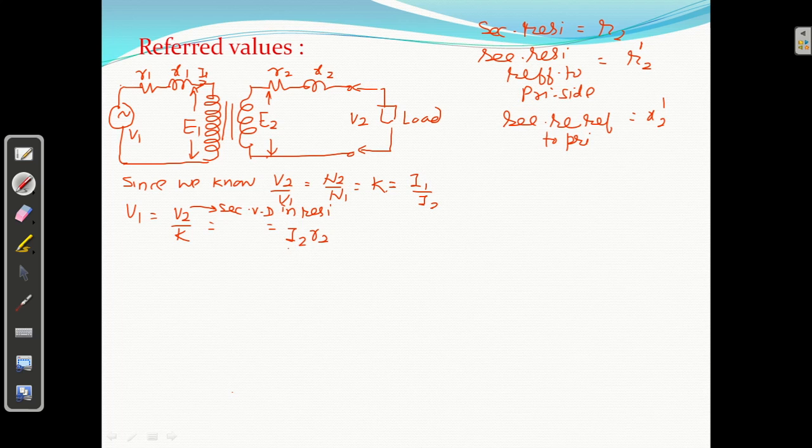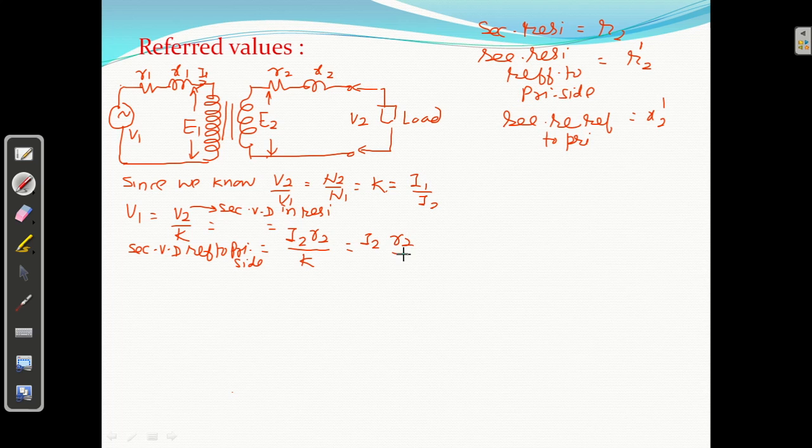I2 R2 upon K, so this becomes V1, meaning the secondary voltage drop referred to the primary side. So the secondary voltage drop I2 R2, when referred to the primary side, becomes I2 R2 upon K, equal to I2 into R2 upon K.